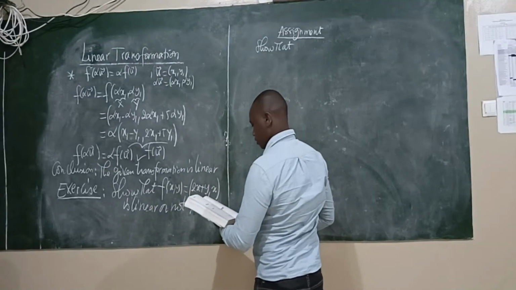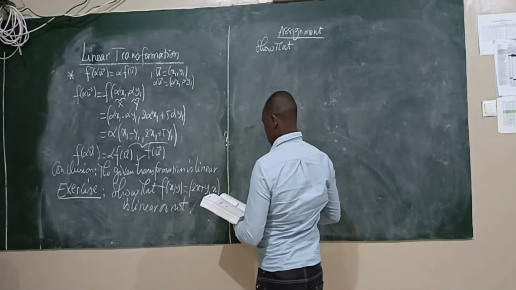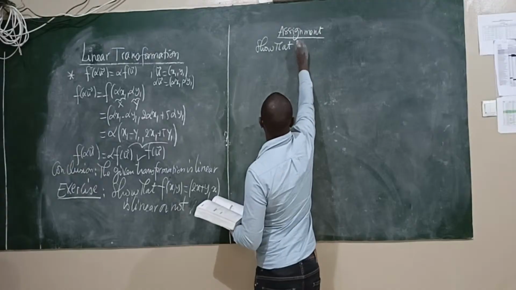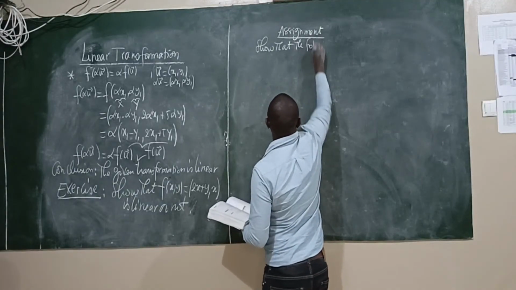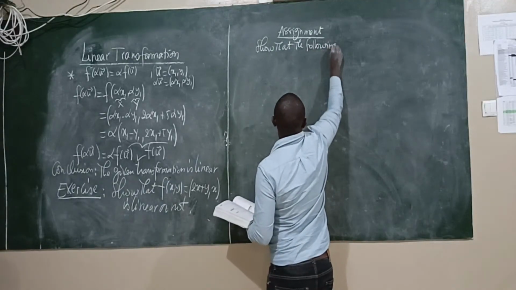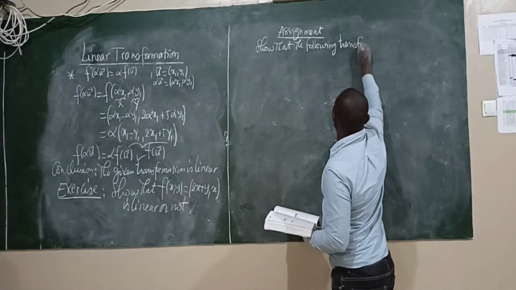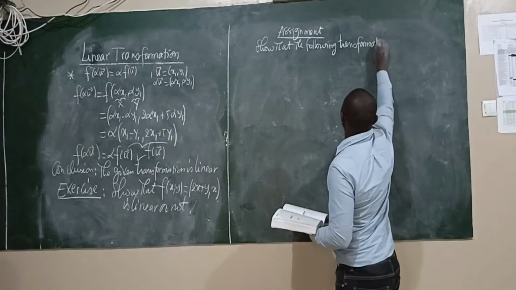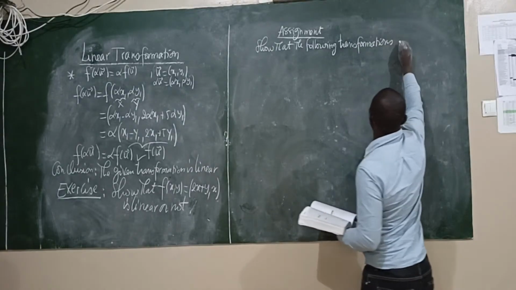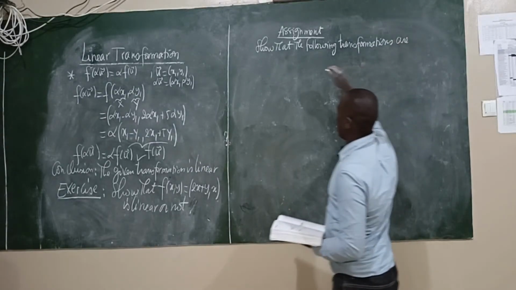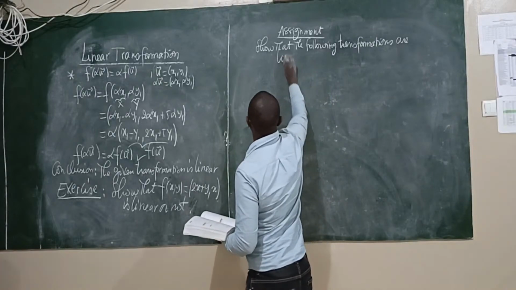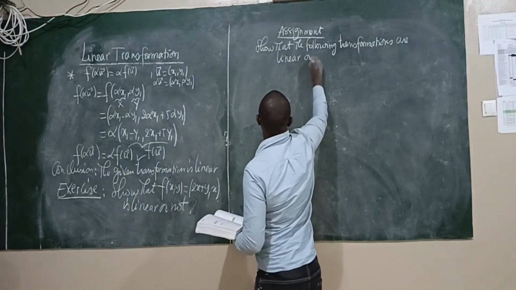Assignment: show that the following transformations are linear or not.